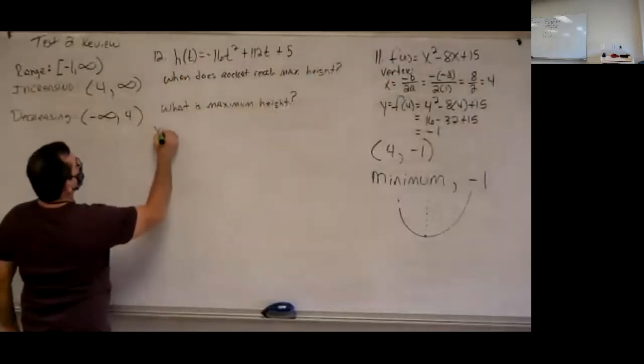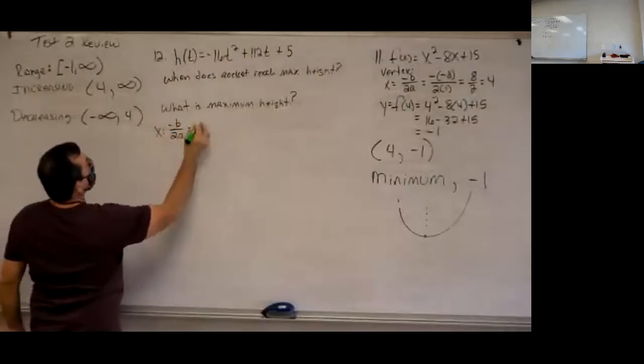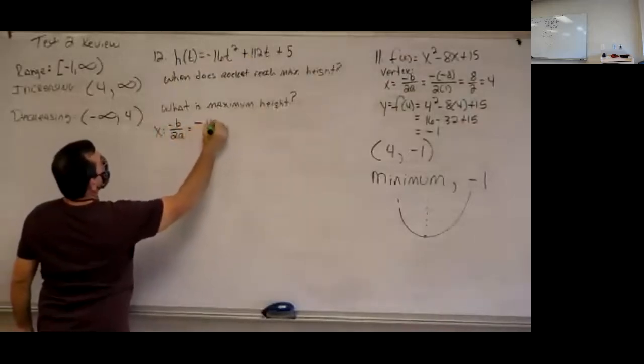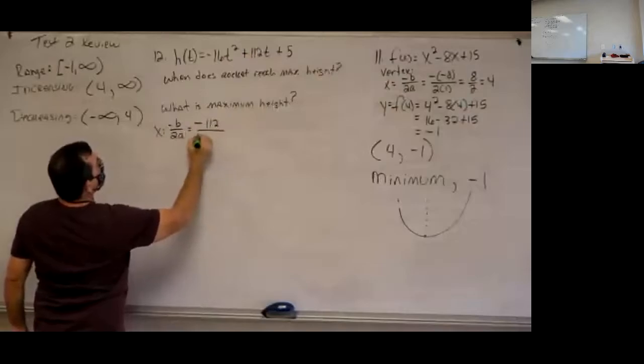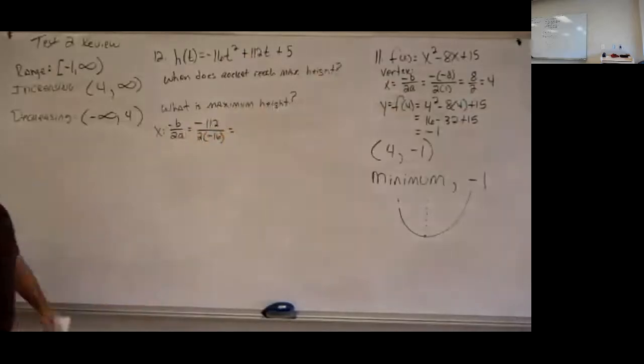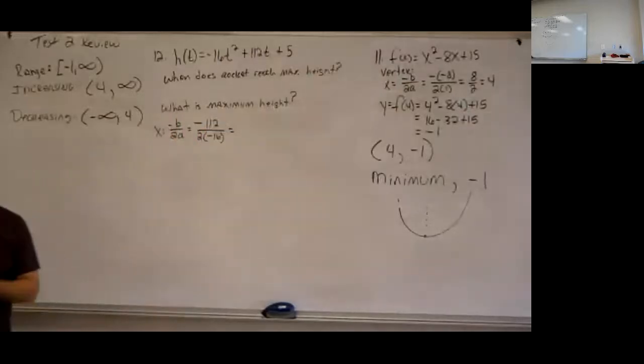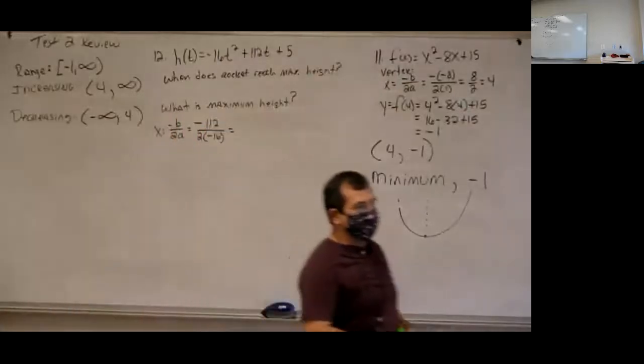The x, which will be my time, equals -b over 2a, which is -112 over 2 times -16. So all these negatives will cancel and I'll have a positive time on that, okay?